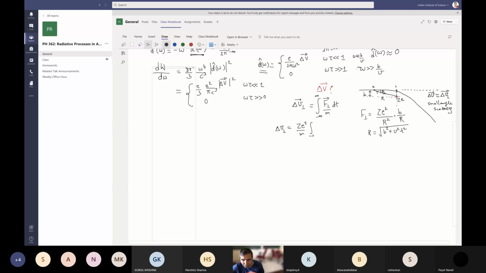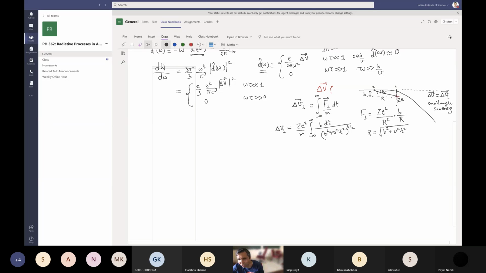And we have this B dt over B squared plus V squared T squared to the 3 by 2, which is R cube. Is this clear? So basically this is the magnitude of change in the perpendicular direction of velocity.